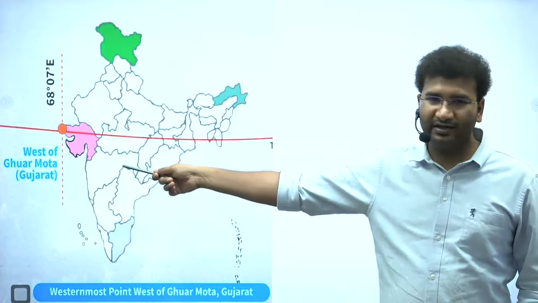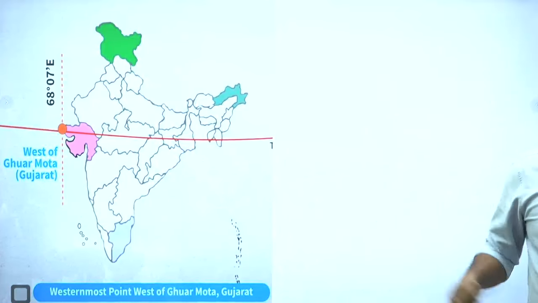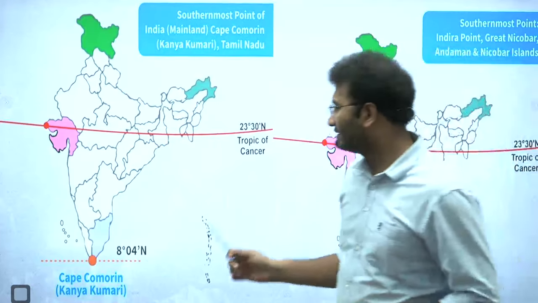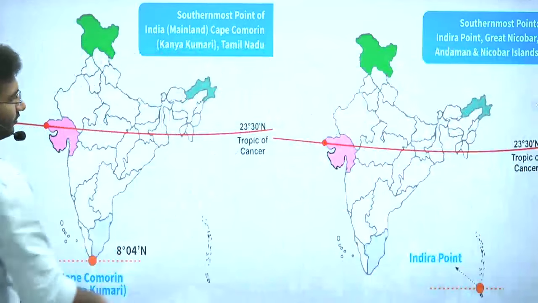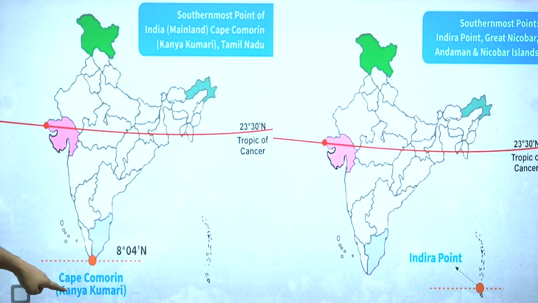Guhar Mota is the local name in Gujarat. And the easternmost point is Kibithu. This is where you have Kibithu. Southernmost point is Indira Point. Northernmost point is Indira Col. In the mainland, Cape Cameron and Kanyakumari. This is the mainland southernmost point.